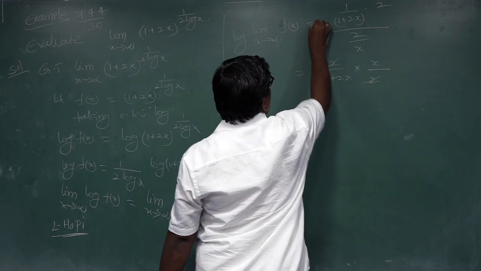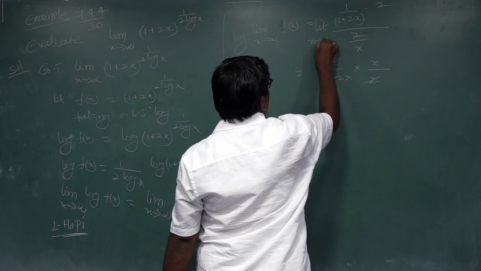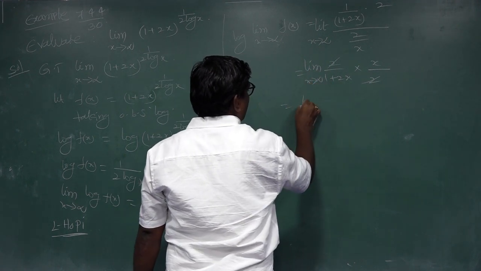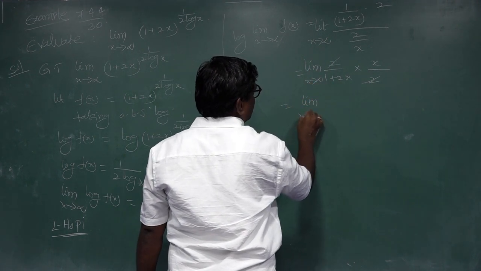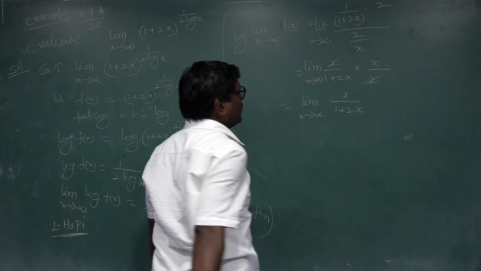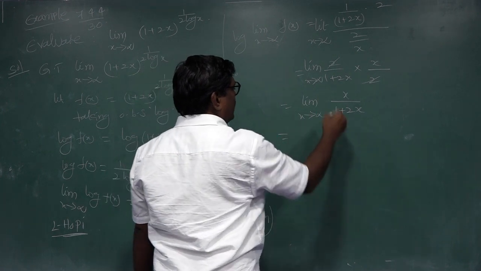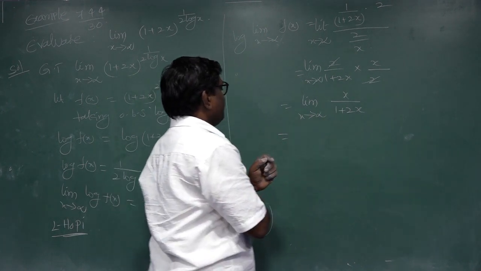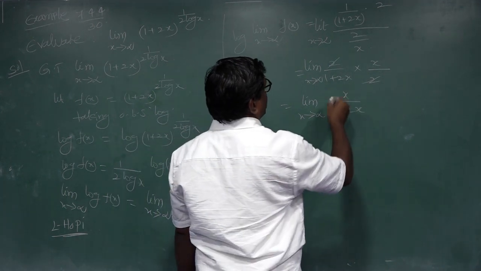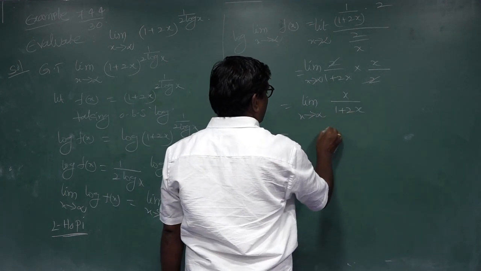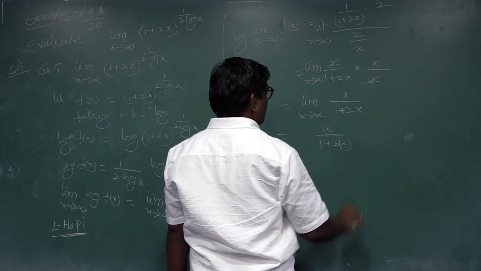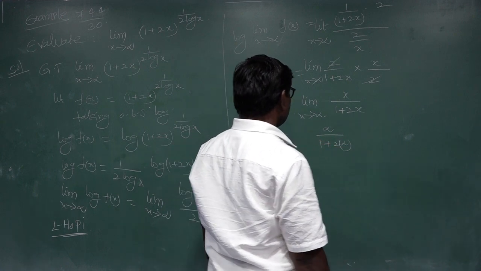The 2 cancels. The limit as x tends to infinity of x by 1 plus 2x is infinity by infinity.